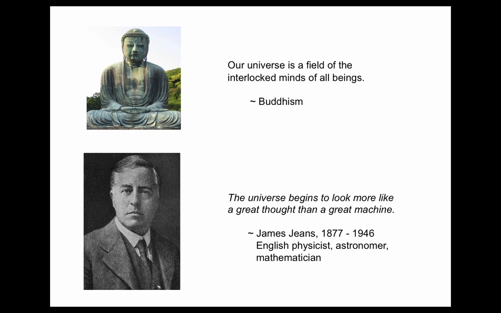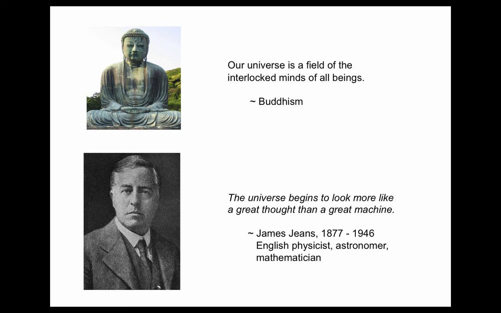In Buddhism, the ultimate, if we said to a Western scientist, what ultimately is the universe made of? What's the ultimate stuff? They'd probably say space, time, matter, and the laws of physics. 4 things.